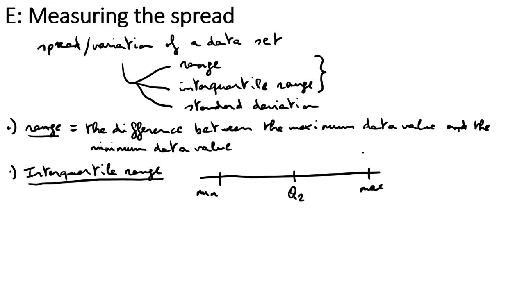Let's write it down here. Q2, which is the median, divides the ordered data in halves.